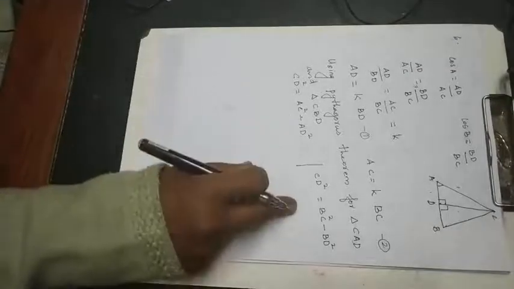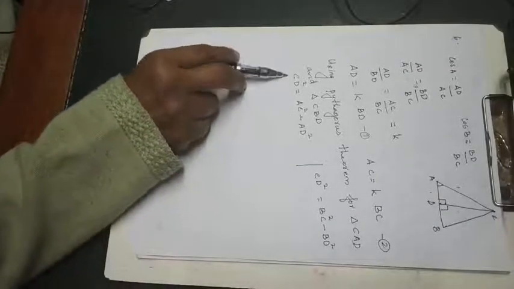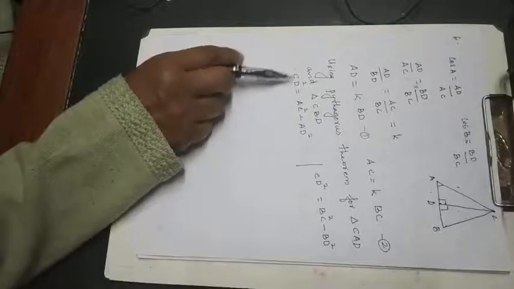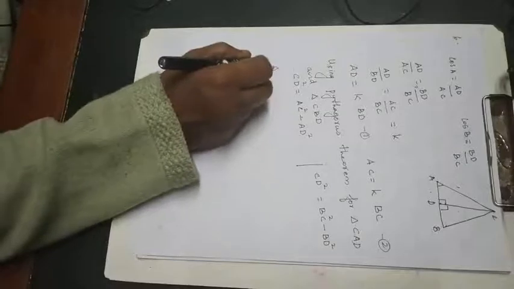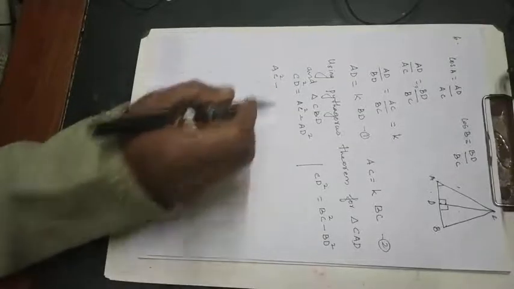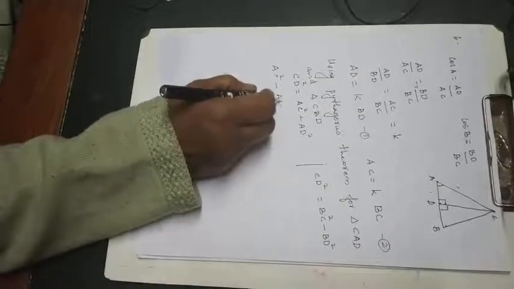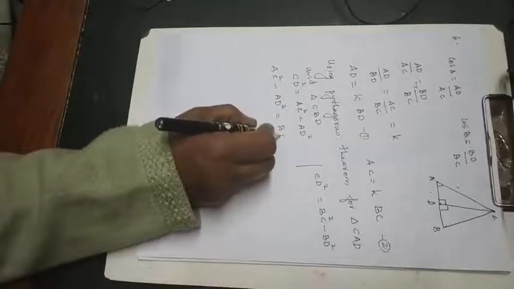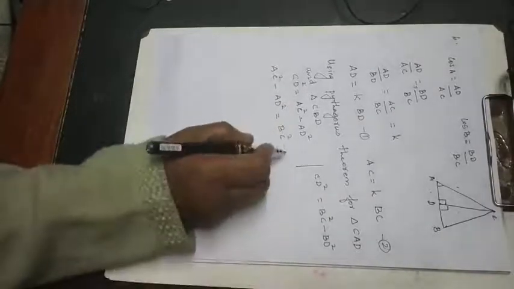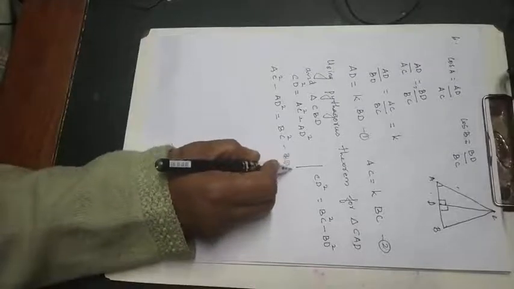Okay. Now take this and this together. Why? Because both of them are equal to CD square. So AC square minus AD square will be equal to BC square minus BD square.